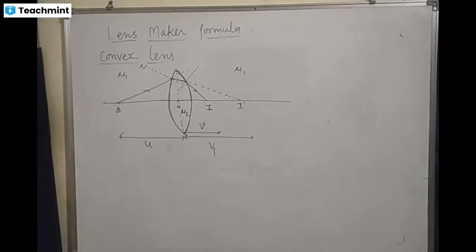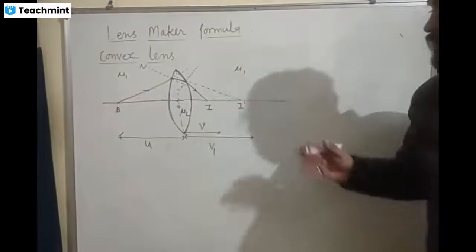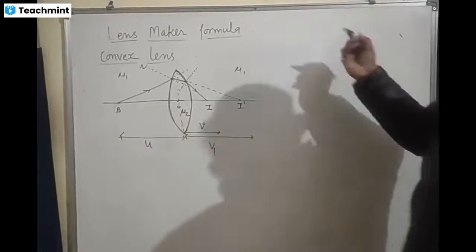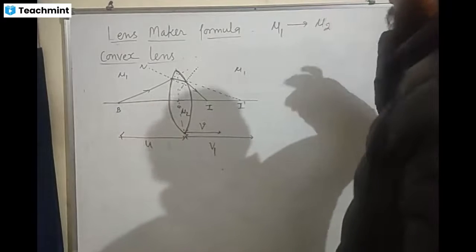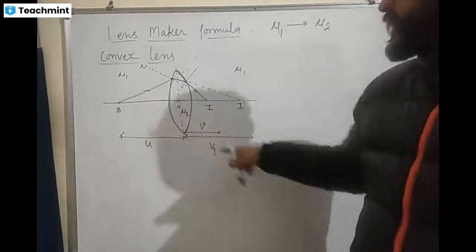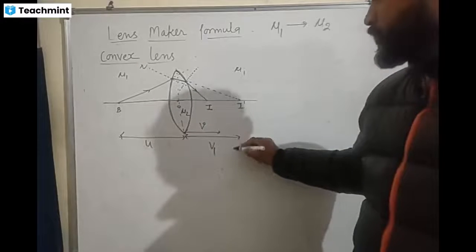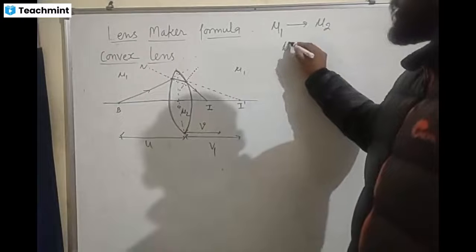So now if we apply the formula to the first surface, you can write over here also. When the ray of light is coming from mu1 to mu2, the image formed because of the first surface is at I dash. So what formula can we write?